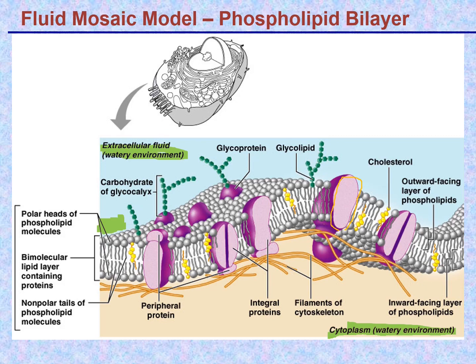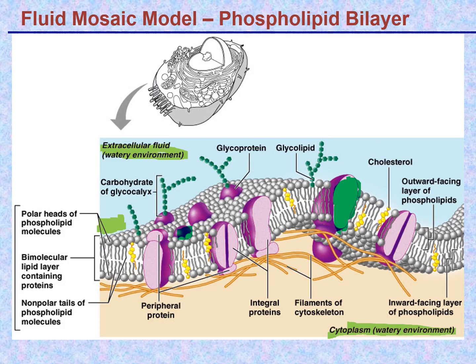Maybe I'll do it in a different color and highlight it in this way. What you have are different types of proteins embedded into the phospholipid bilayer cell membrane. Sometimes they go right across, sometimes they're just partly embedded and don't go across.